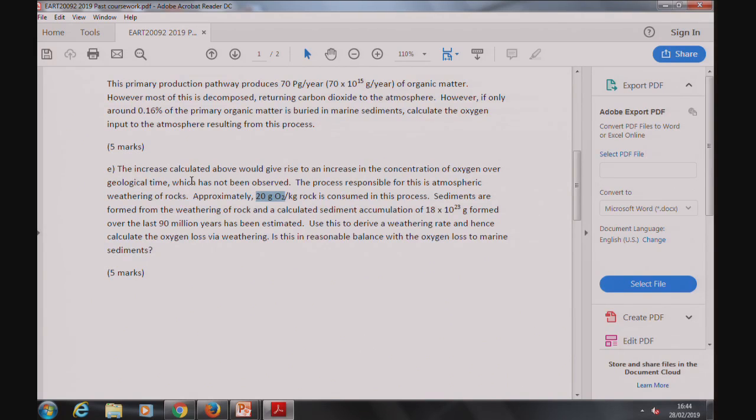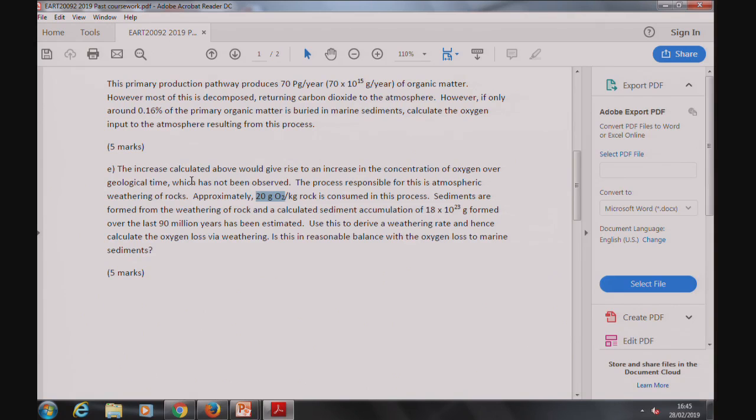So that's that 20 times 10 to the 12 times the 20 grams of O2 per kilogram. Okay, so this is like a sink of oxygen due to the weathering of rocks.